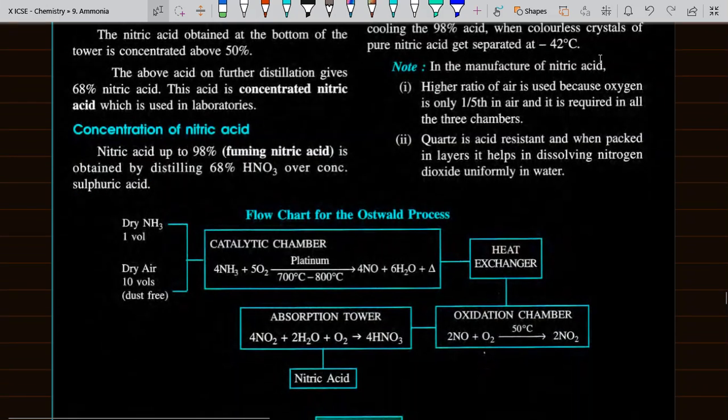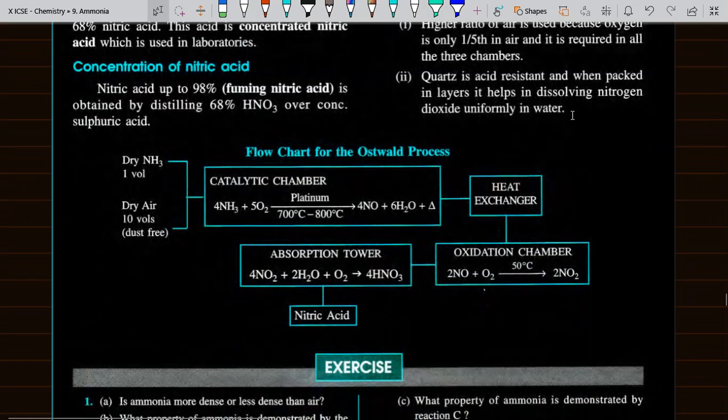In the manufacture of nitric acid, a higher ratio of air is used because oxygen is only 1/5 in the air and it is required in all the 3 chambers. And quartz is used in the last absorption tower because it is acid resistant and when packed in layers it helps in dissolving nitrogen dioxide uniformly with water.